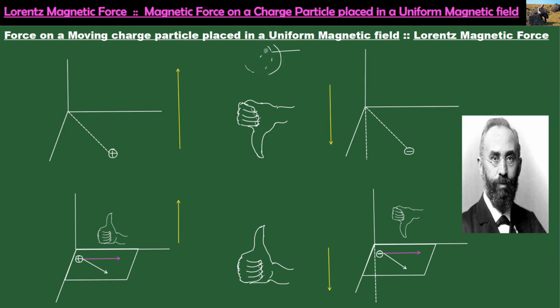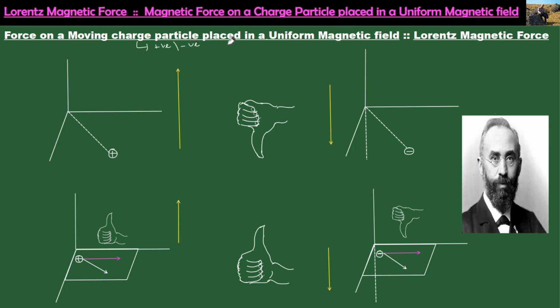We have dealt with Biot-Savart's law, and we have also dealt with Ampere's circuital law for different types of geometrical shapes. Now, when dealing with charges, charges in nature are of two types: positive charges and negative charges.